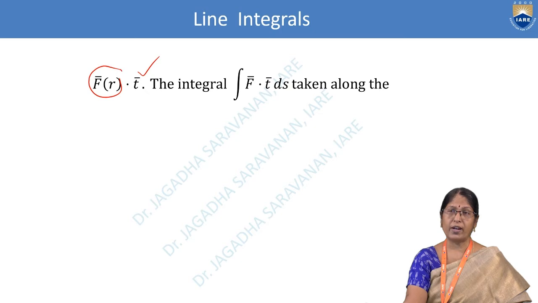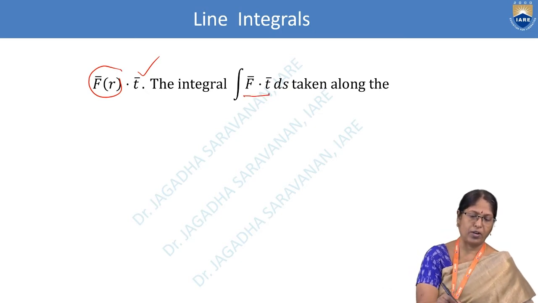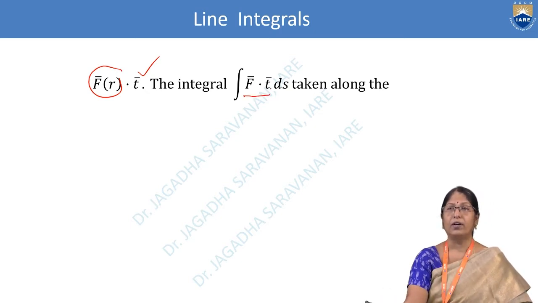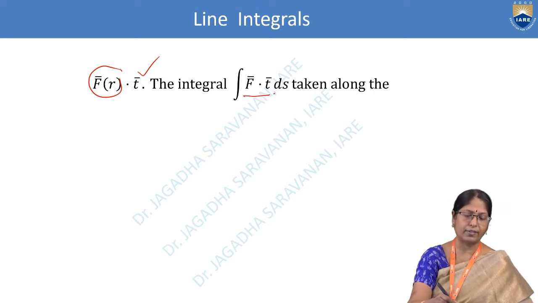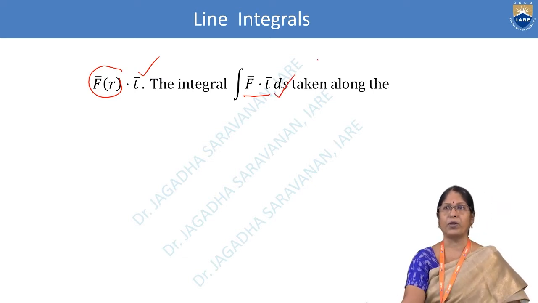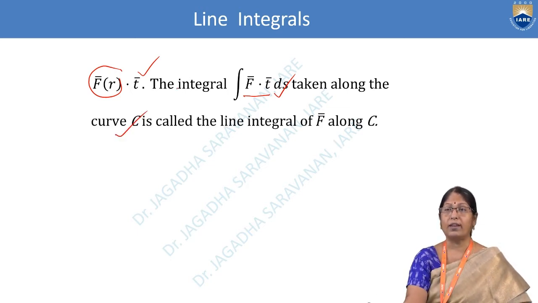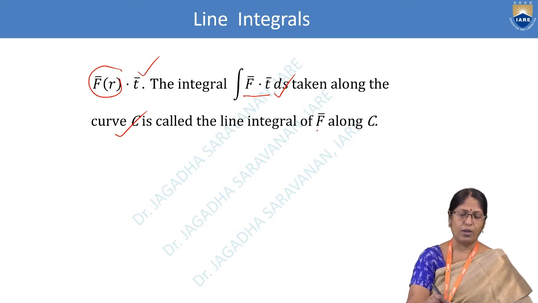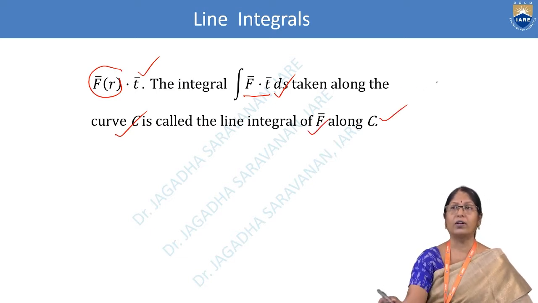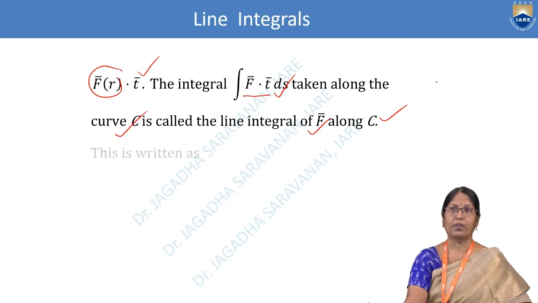So the integral of f dot t ds, integrated with respect to s taken along the curve C, is called the line integral of vector f along the curve C.